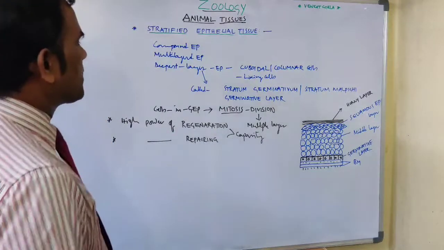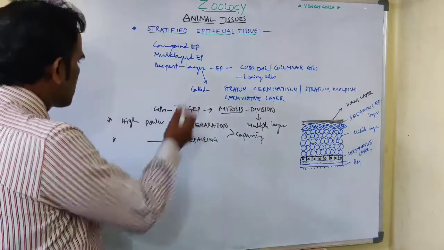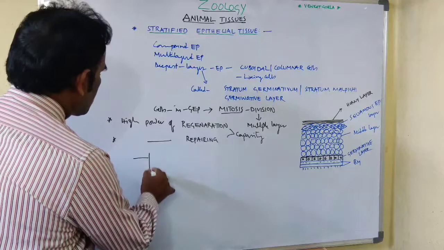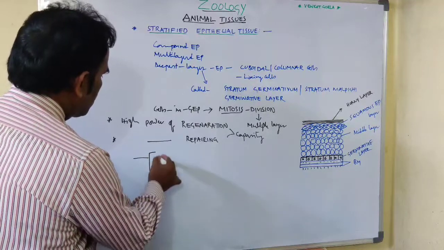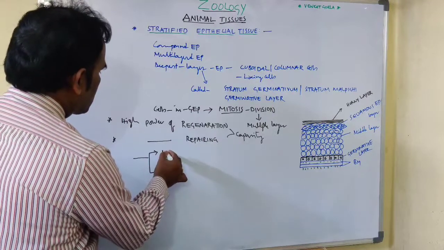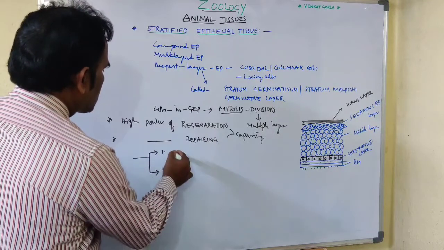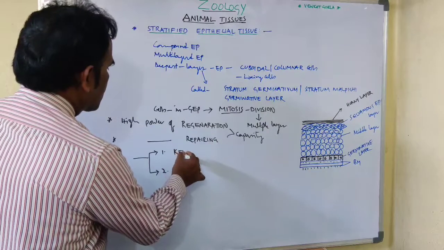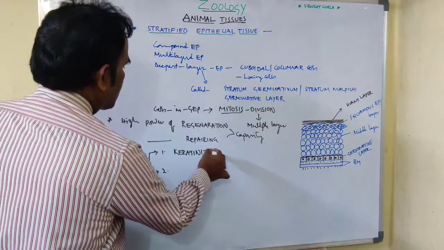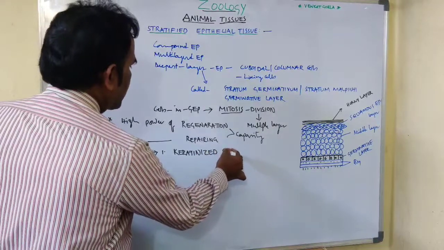Now the stratified epithelium is further divided into two types. Number one is keratinized stratified epithelium.